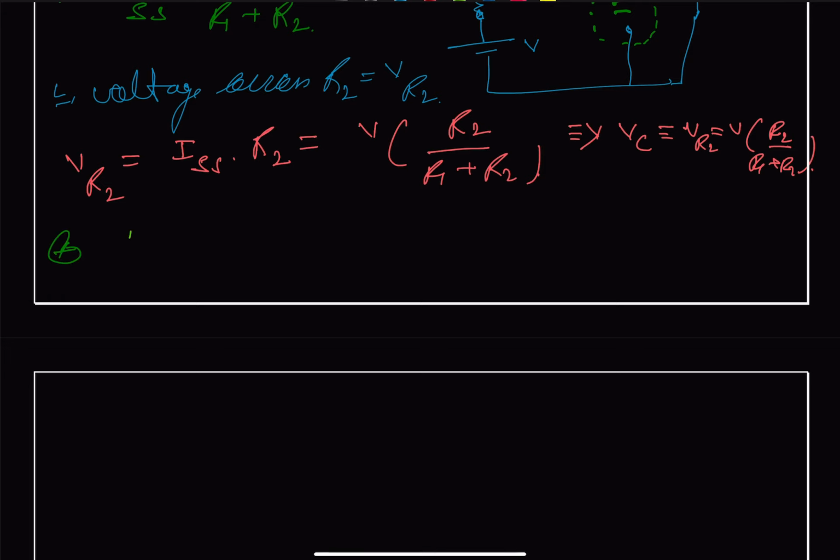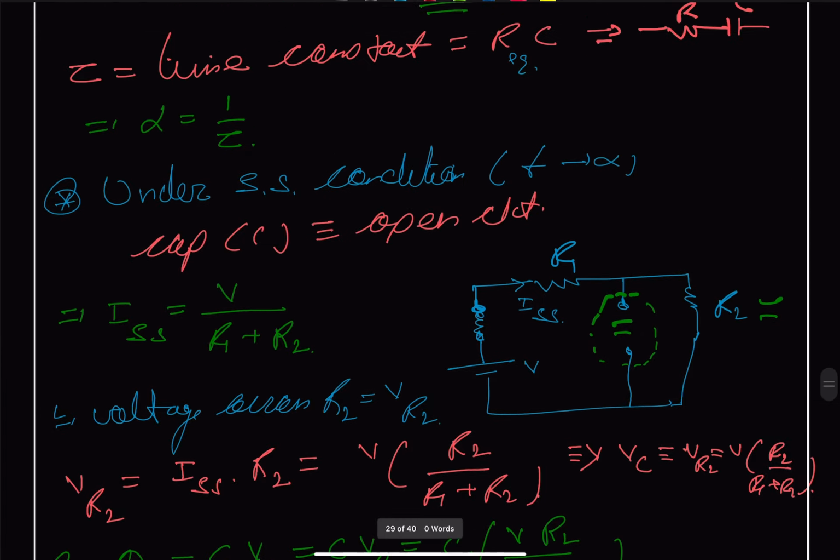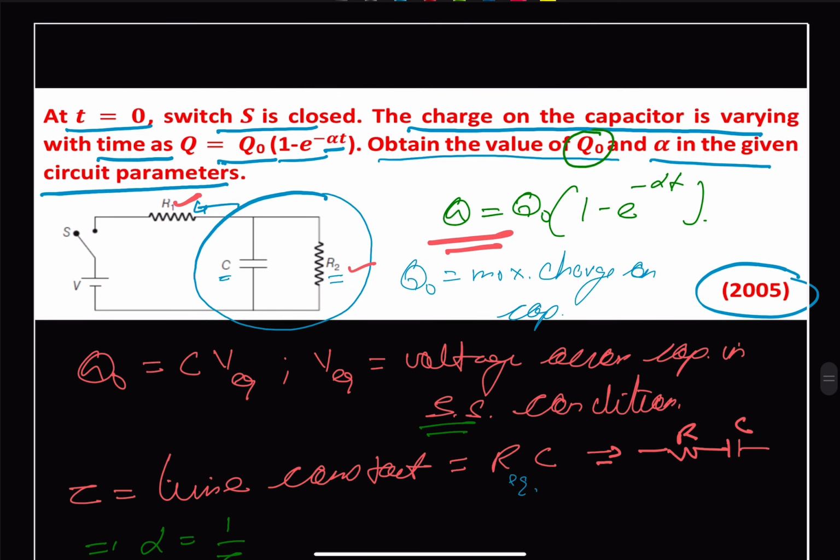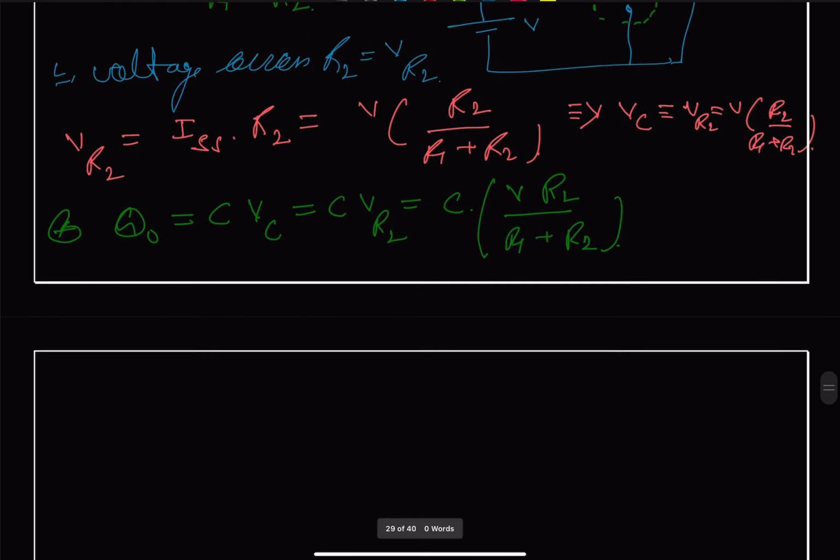Our maximum charge Q0 will be equal to C multiplied by the voltage across the capacitor, that is the voltage across R2, and this comes as C V R2 divided by R1 plus R2. So this was our first part, obtain the value of Q0, and now we need to find alpha.